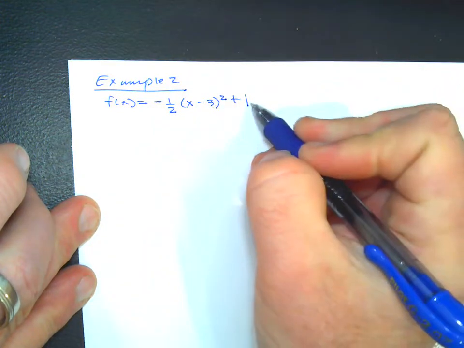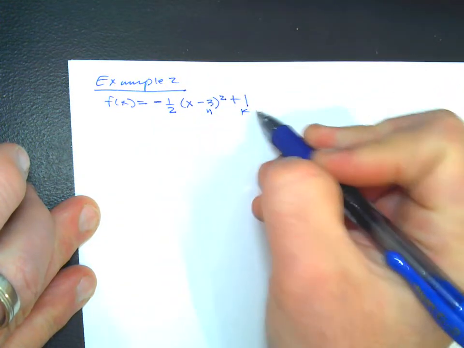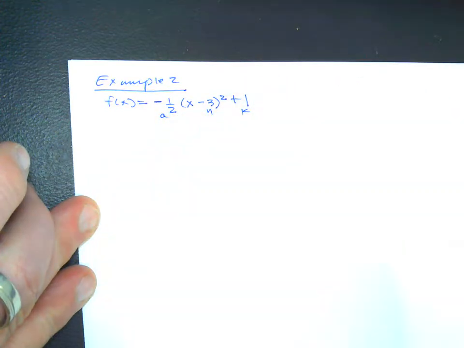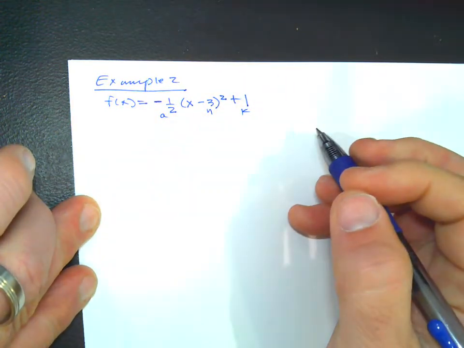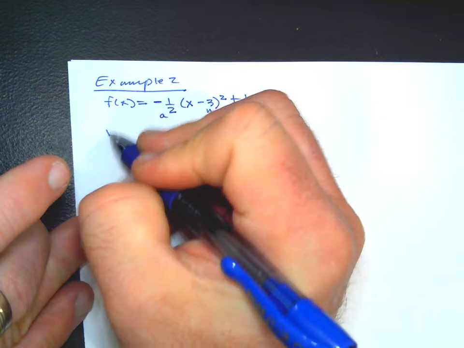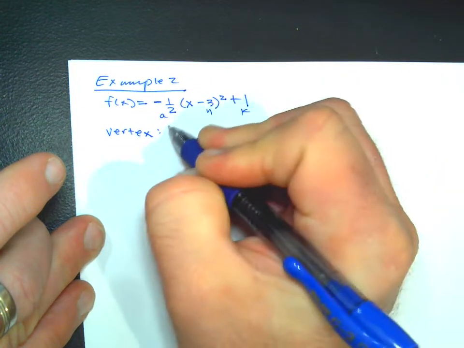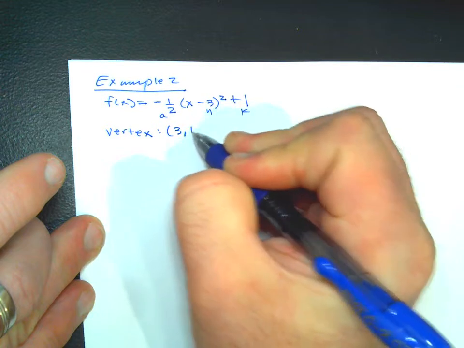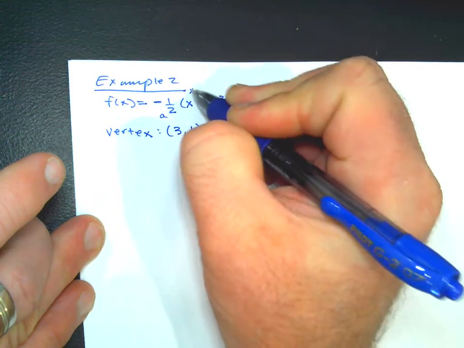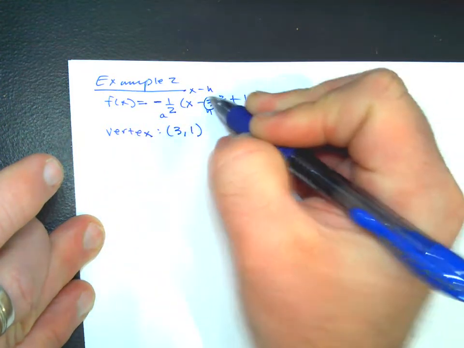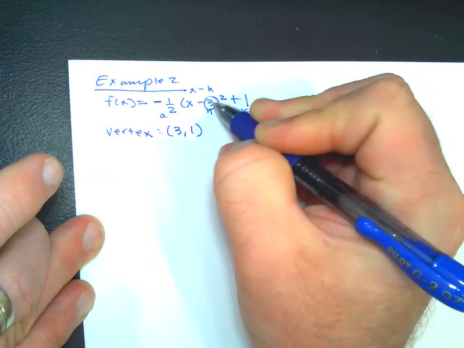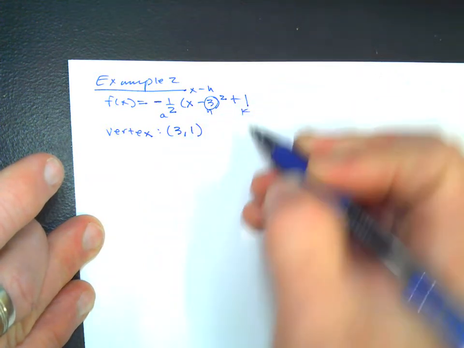This is your h, this is your k. So here's your h, here's your k, here's your a. So the vertex is going to be at (3, 1), because remember, it's x minus h. So the number you see there, it's the opposite of the -3, but this is going to be the same.